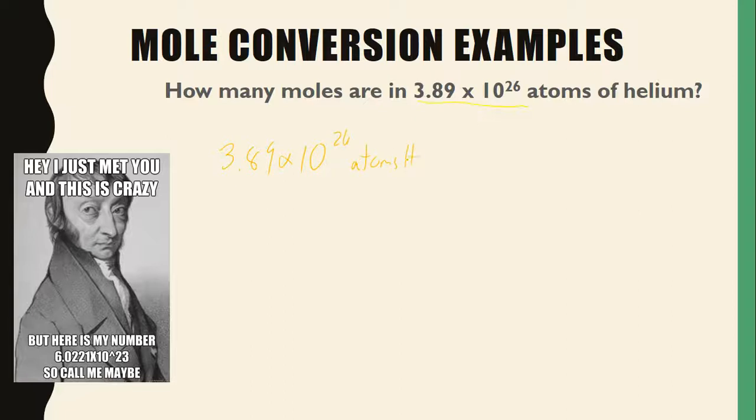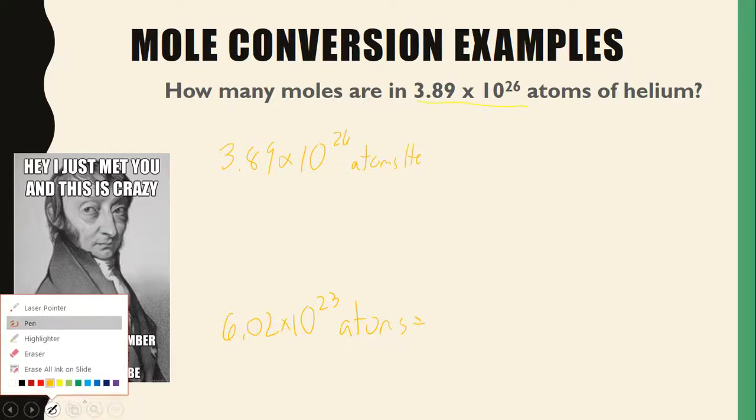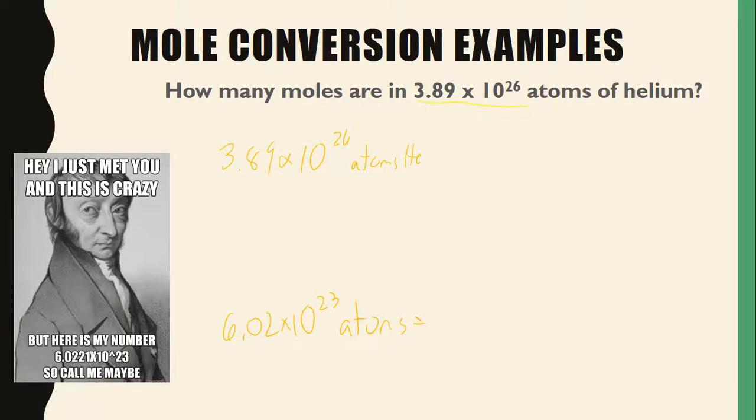And the question is, how many moles is that? So we want to get rid of atoms and go to moles. And we know the relationship is there are 6.02 times 10 to the 23rd atoms in 1 mole of any substance. Doesn't matter if it's helium or oxygen or whatever, but we're going to use 1 mole of helium here because that's what we're dealing with.